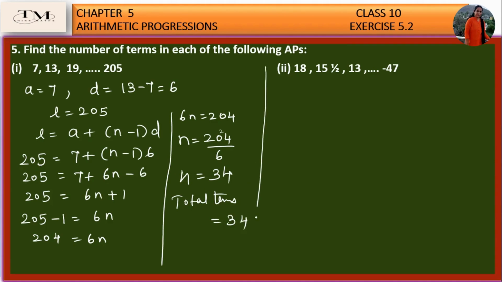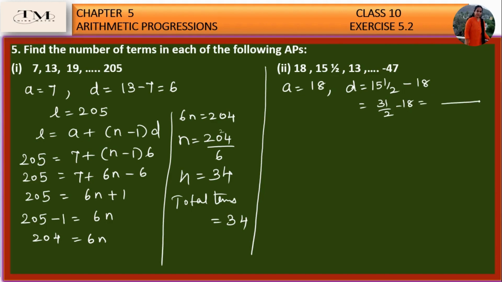Okay. In the same way, we have to do this problem. Here a is equal to 18. What about d? d is equal to 15 1 by 2 minus 18. What is 15 1 by 2? 15 into 2 is 30, 30 plus 1 is 31 by 2, minus 18.